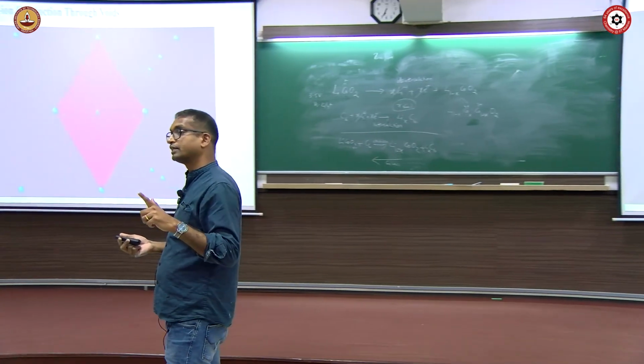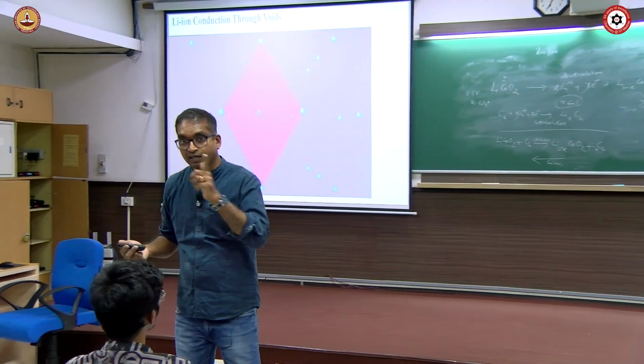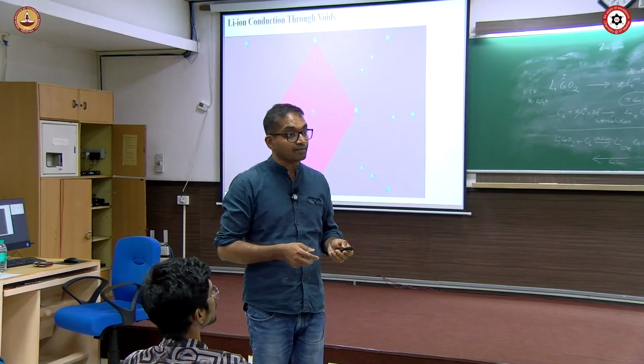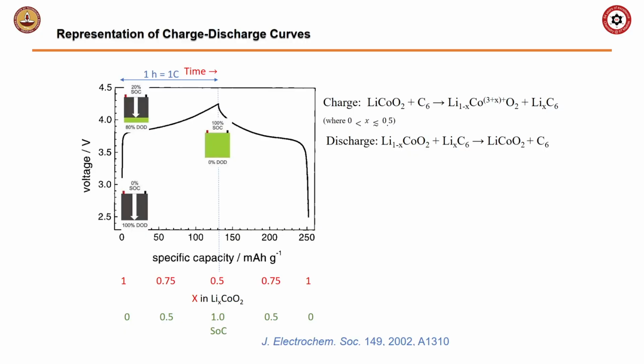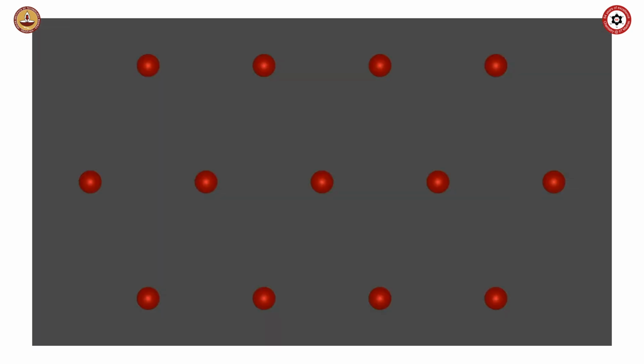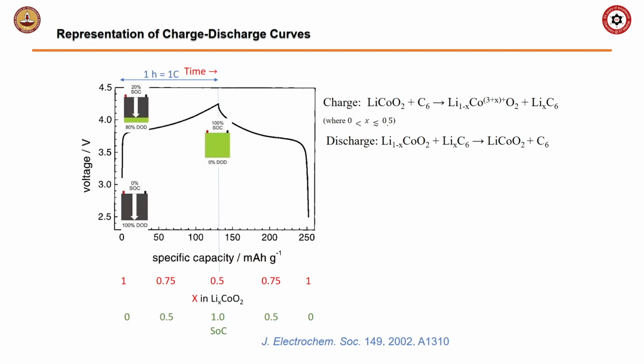Therefore, I am still utilizing only octahedral voids, not tetrahedral voids. Correct or not? So, they are empty, they are available for lithium ion conduction. Correct? So, now what will I do? I will go back. I will stop here with the charge discharge curve.